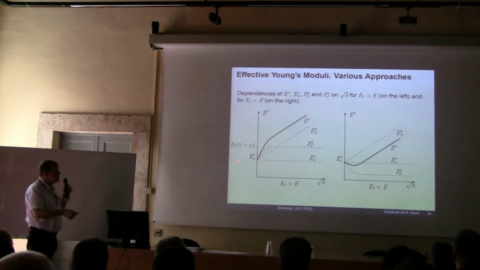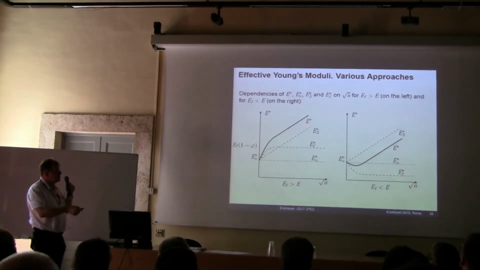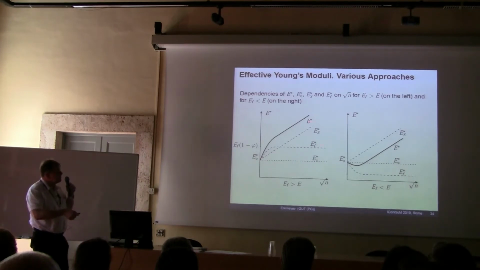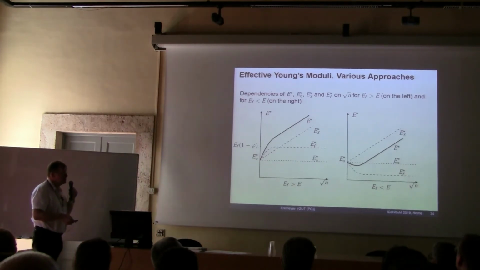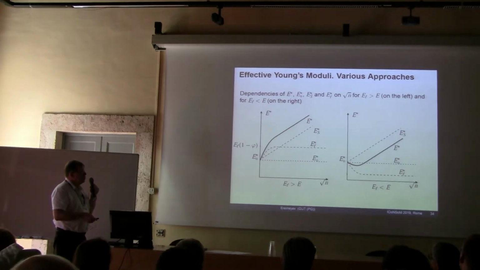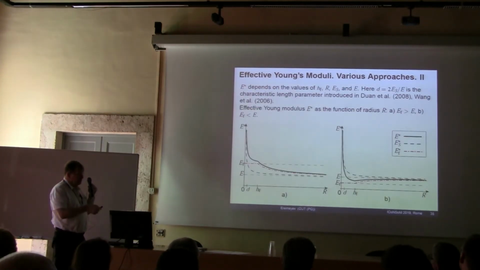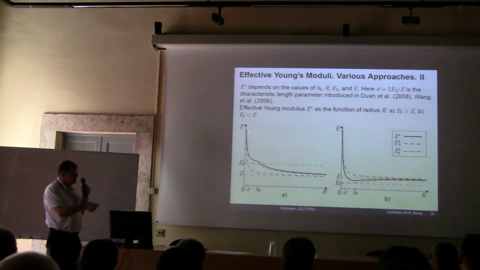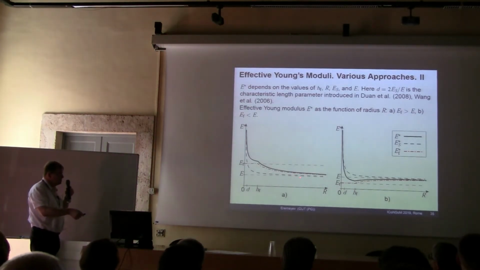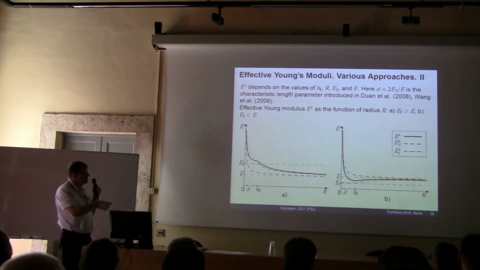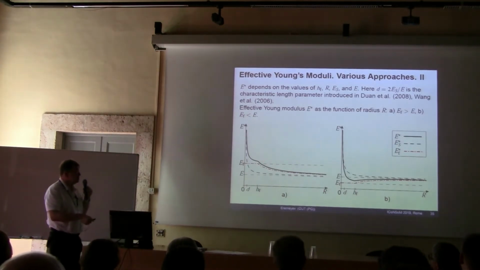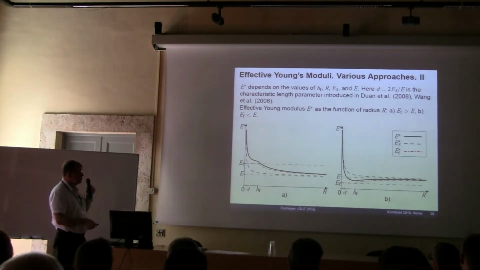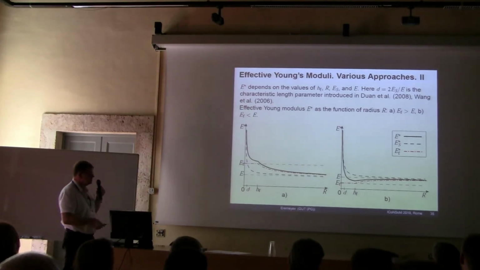When you consider the graphs for different formulas, you see that now the effective stiffness of the rod depends on the number of pores, and in some sense this dependence captures the size effect, because the effective Young modulus now depends on the radius of the specimen, and we also have some characteristic lengths here.